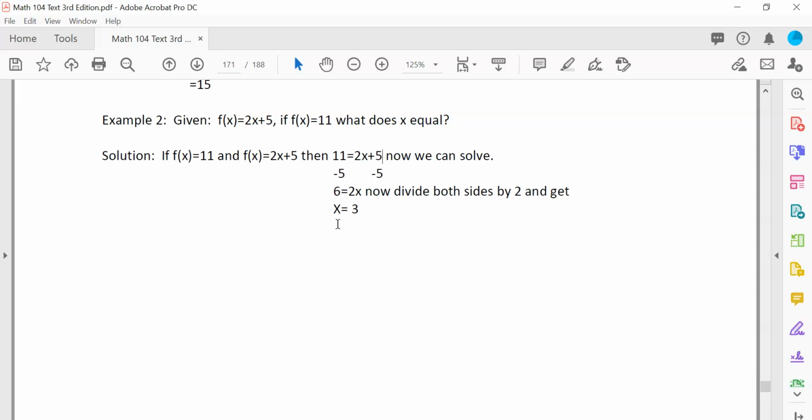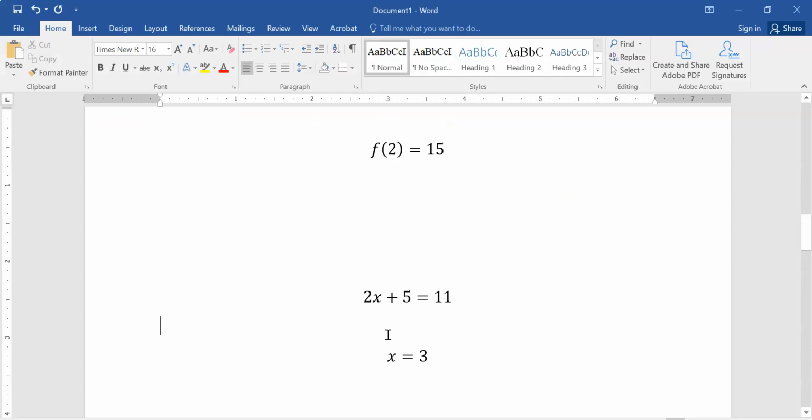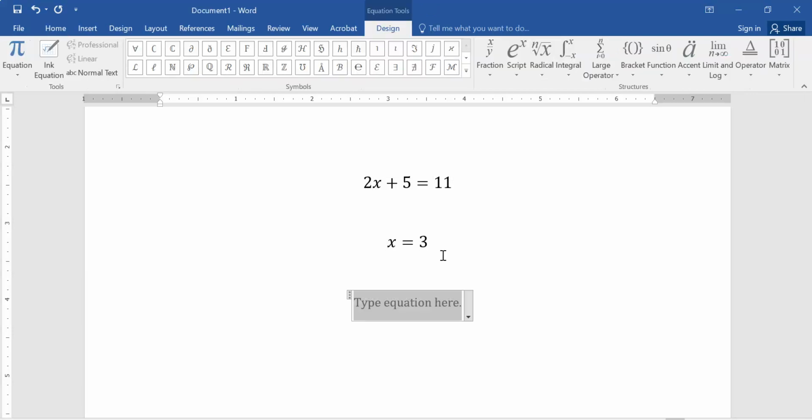Then divide by 2. And you get x is equal to 3. And so since we found 2x plus 5 equals 11 gave us x equals 3, what you're really saying is that if you take your function and you input a 3, you're going to get out an 11.